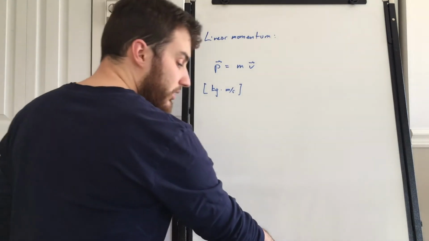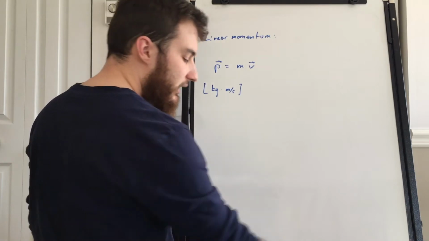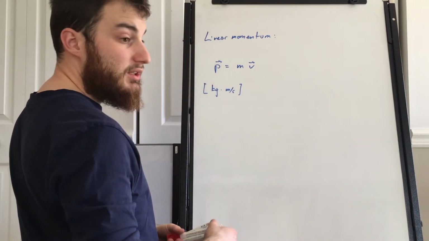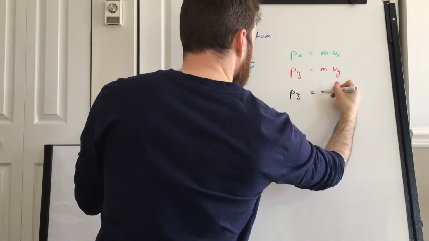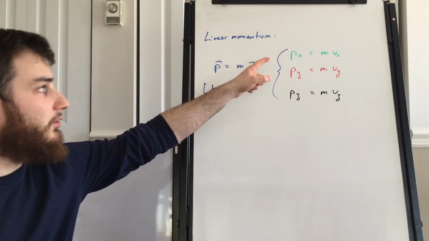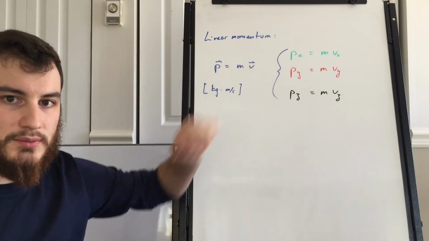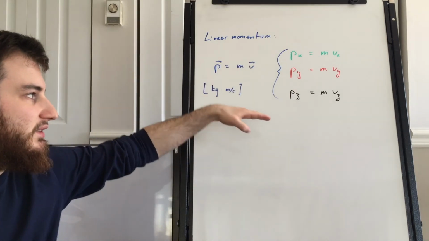Because it's a vector equation, we'll almost always, if not exactly always, split it into its components. Where we have here the linear momentum in x is equal to the mass times the component of the velocity in x, same in y, same in z.